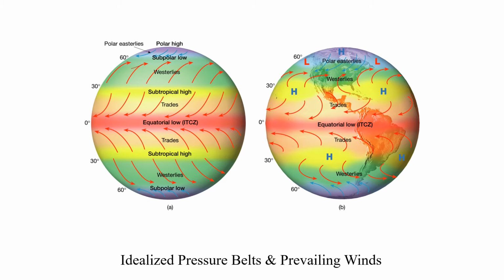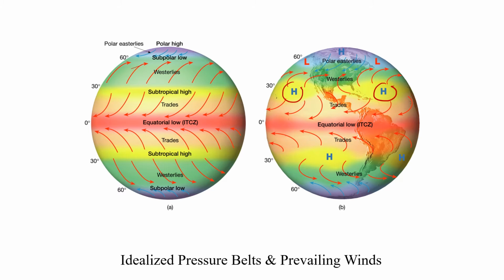These are our wind belts, and these are the pressure belts as a result of the air motion. Here's our high pressure system on the west side of North America. Here's our high pressure system on the east side of North America.